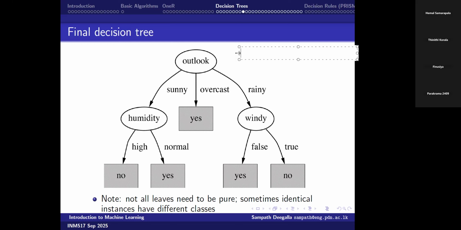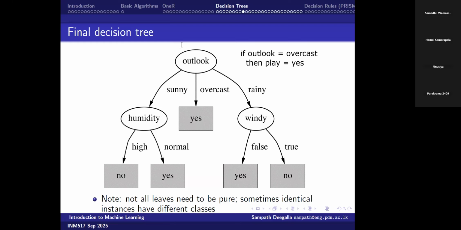So I can write: if outlook equals overcast, then play is yes. This is the simplest rule that I can create by looking at the tree.